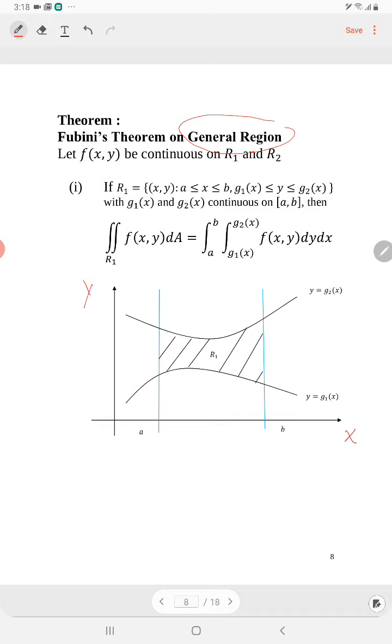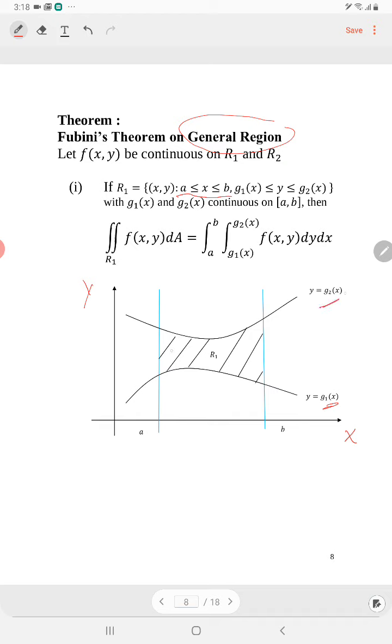Our region R is between two vertical lines, meaning that x is from a constant to a constant. So x is from A to B. But then y is from a function of x to another function of x. Let's call the bottom one g1(x) and the top boundary g2(x).